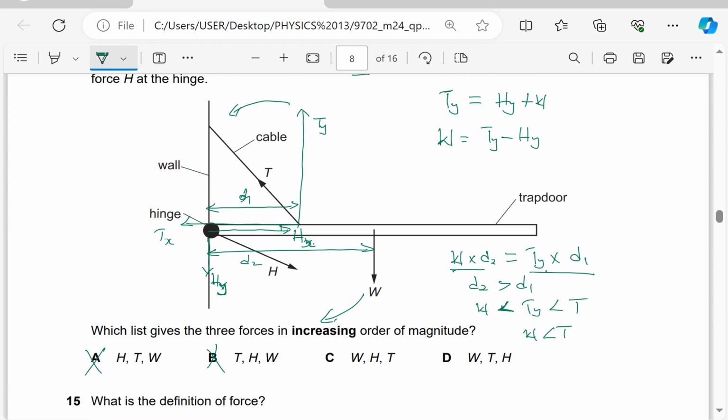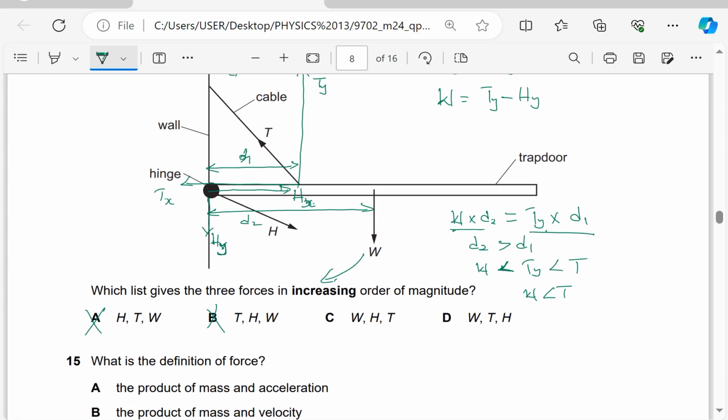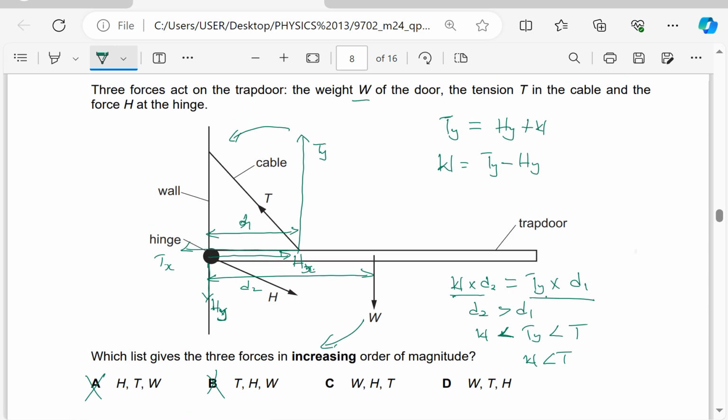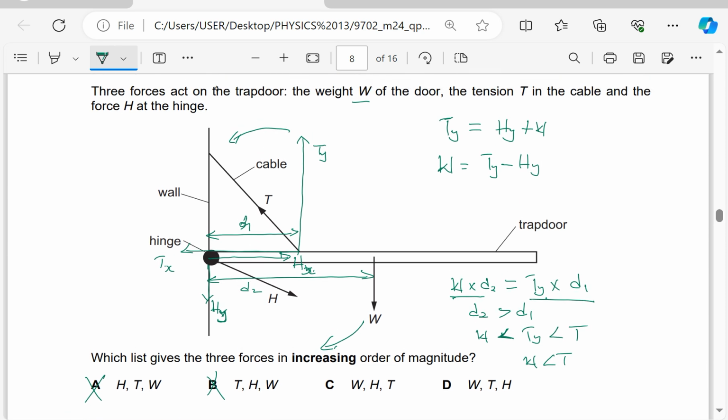But then remember, W is Ty minus Hy. So Ty is Hy plus W. We've already seen that W is less than Ty.